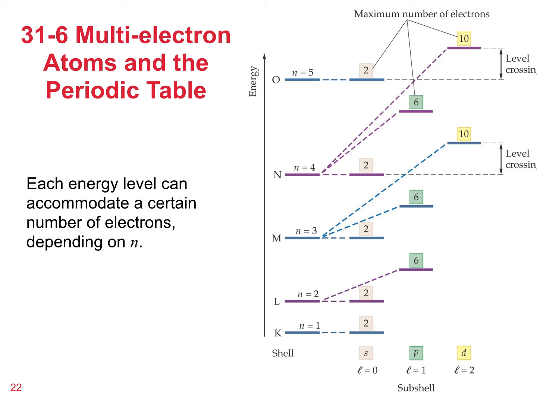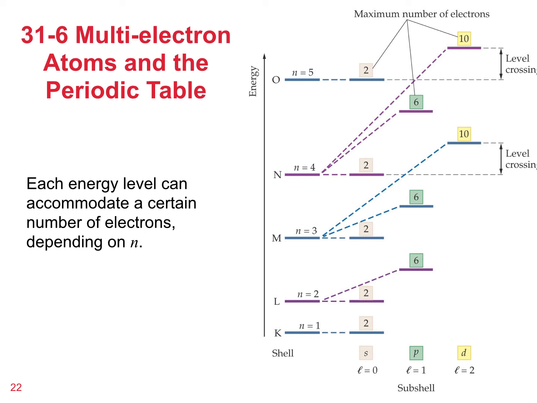This means that each energy level can accommodate a certain number of electrons, which depends on n. For instance, for the n equals 1 shell, there is only one possible value of L, which is equal to 0, and there is also only one possible value of ml, which is equal to 0, but there are two values of ms, minus a half and a half.